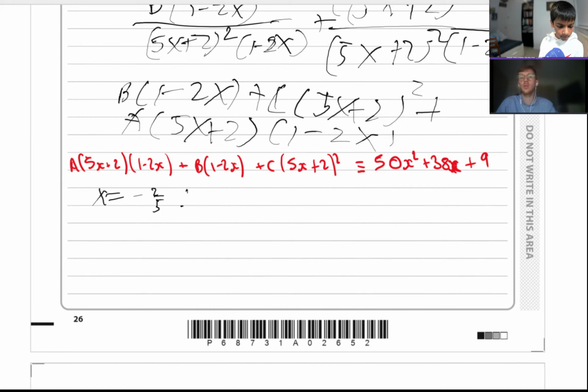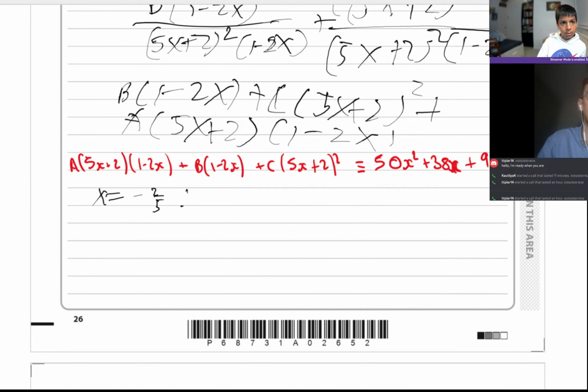And you can do the substitution on your calculator. Like you said, you know that the A term will go to 0 and the C term will also go to 0, so just substitute it into the 1 minus 2x. 1 minus, that's 0.2.